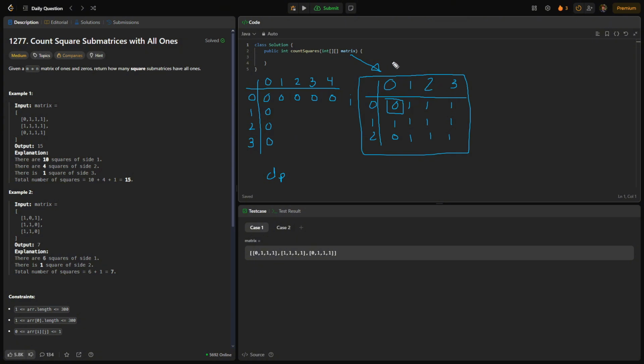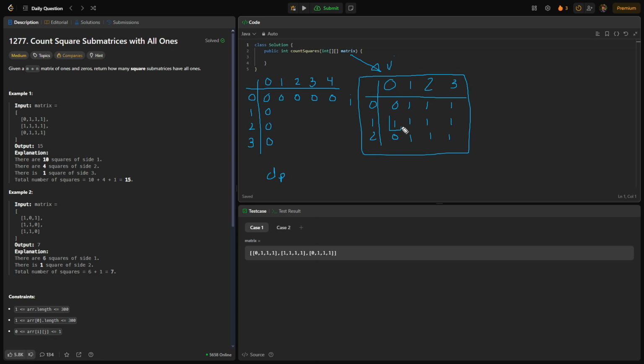For each i of j, we are going to consider this as the bottom right corner. So how exactly are we going to do this? First things first, we're going to try to identify, is it a 0 or a 1? If it's a 0, we're going to skip it. We're not even going to bother. Then we can move on.